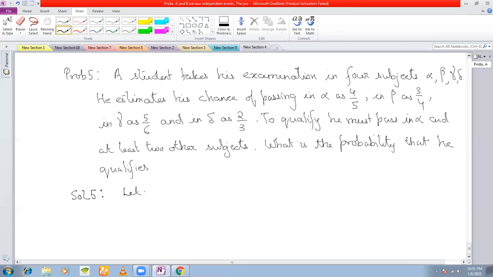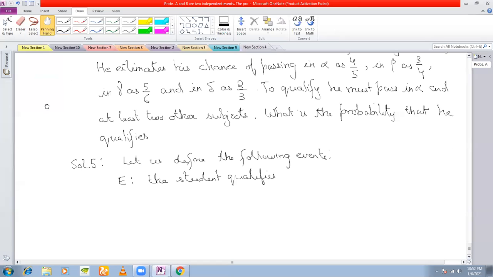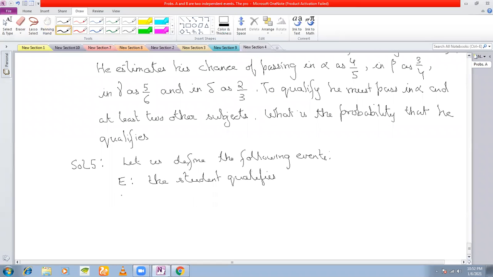So let us define the following events. Once we have decided that this is type 2, we define the events. First event E, based on your question: probability that he qualifies. So E is the student qualifies. What should be the event A?